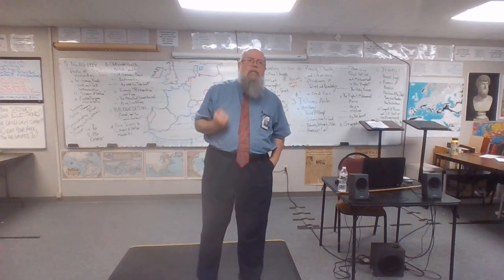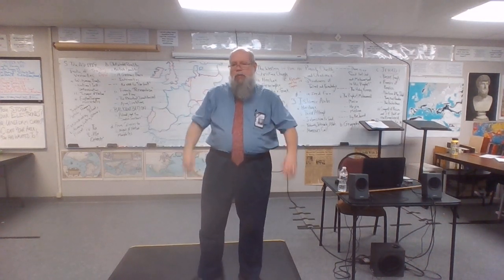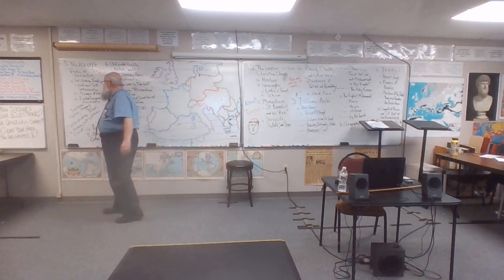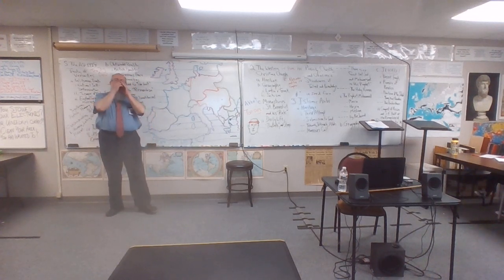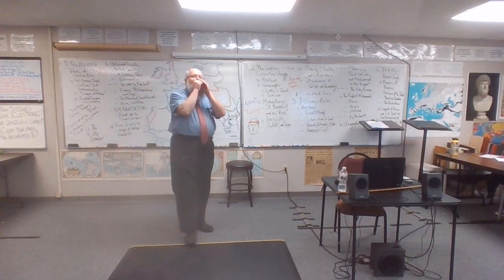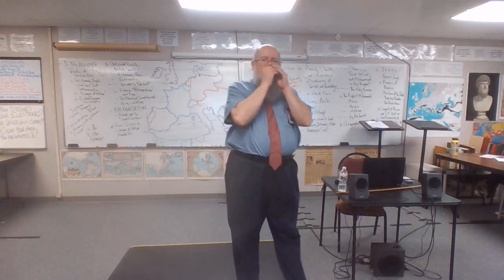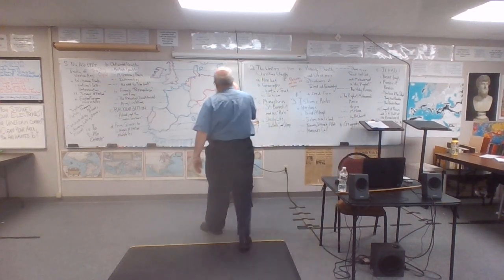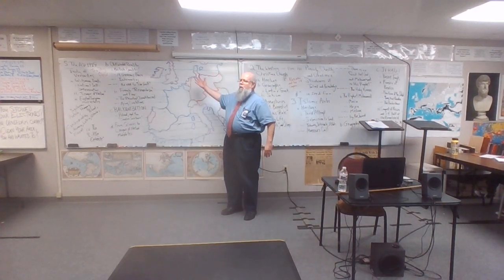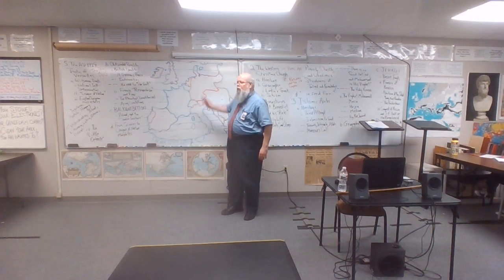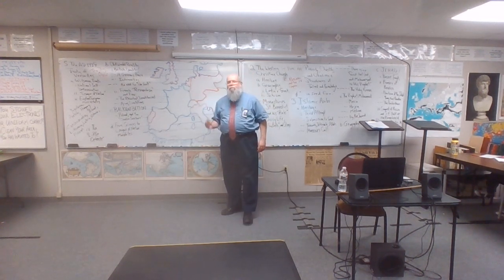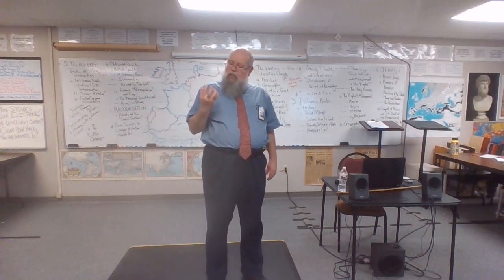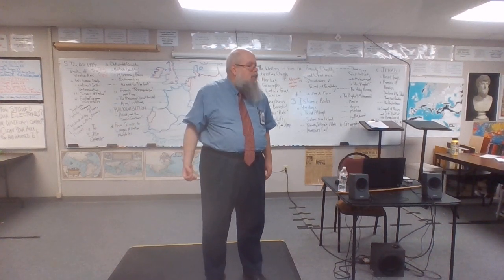So how is Wilson going to solve the problem of microstates? His problem solver is the League of Nations. With the League of Nations, it's not going to matter if you're a tiny little country or a big, massive country, if you're Croatia or Germany, because as members of the League of Nations, there's a place where you can work out your differences peacefully.